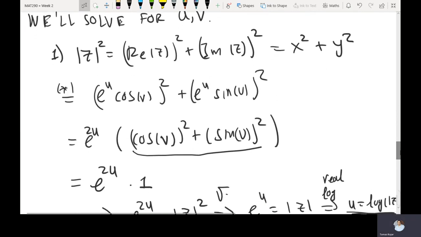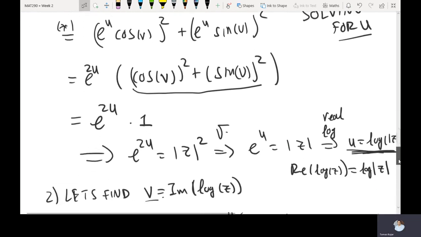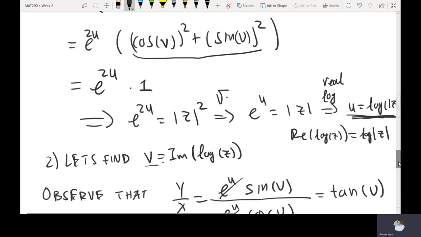First, we solve for u, and we found that u is equal to log of the modulus.